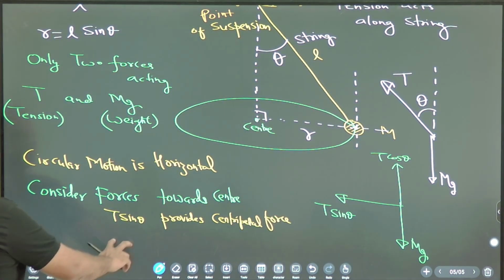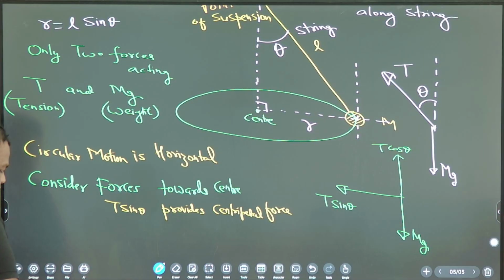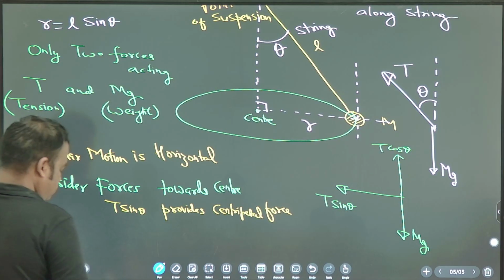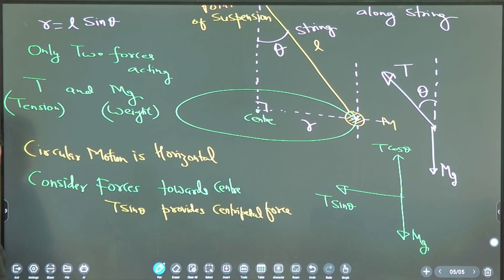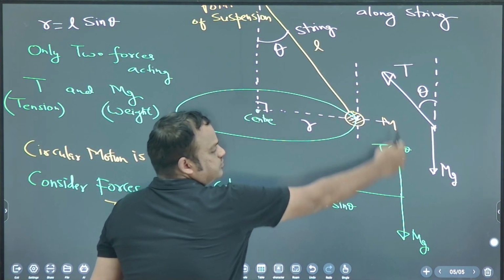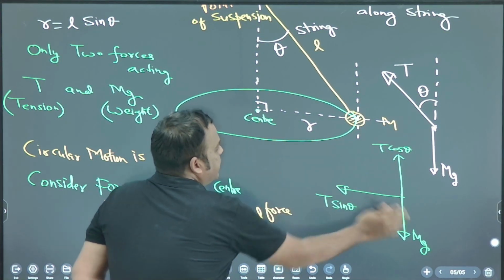T sine theta is centripetal force. And what about T cos theta? It is balanced with mg.